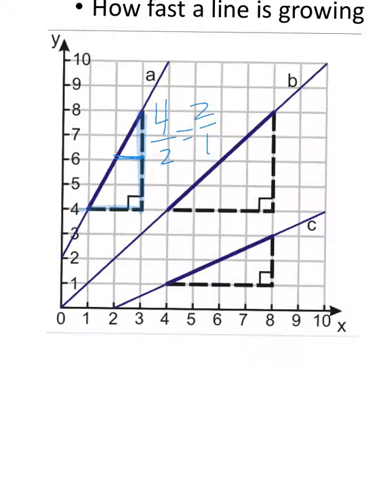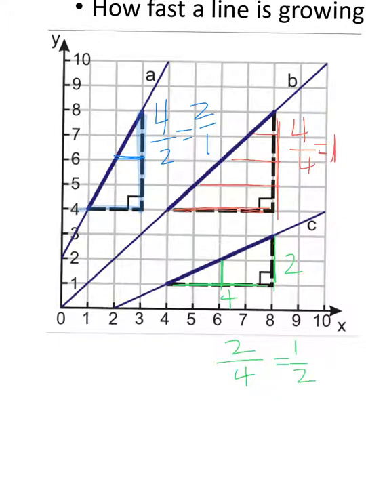This one is 4 over 4, rise over run, but you can do 1 over 1, 2 over 2, 3 over 3. They all equal 1 for every 1. And then this last one is a rise of 2 for every 4, and we also could have drawn it right there, and we would have gotten 1 for every 2, the simplified version.